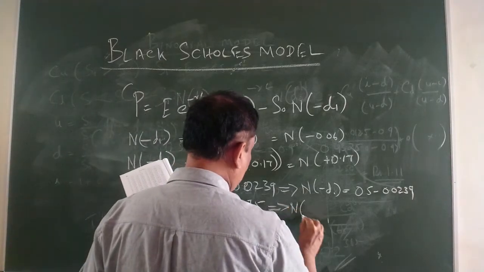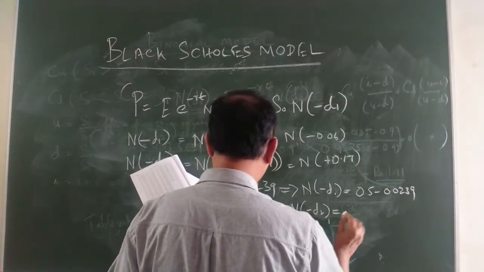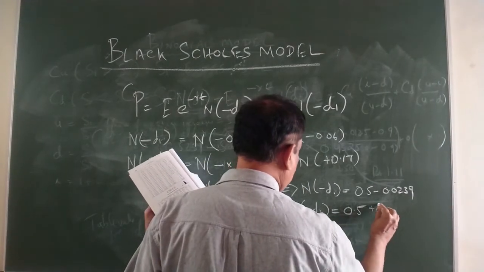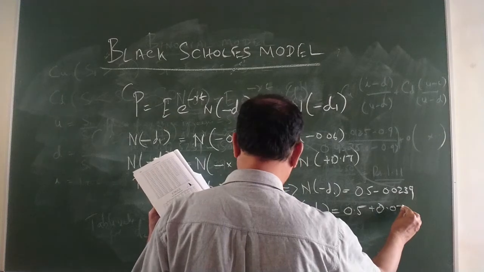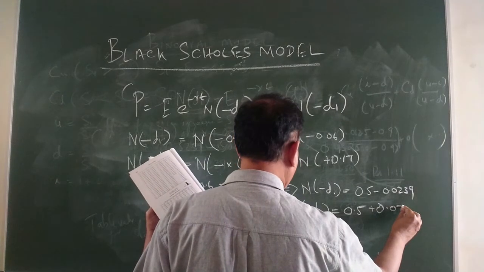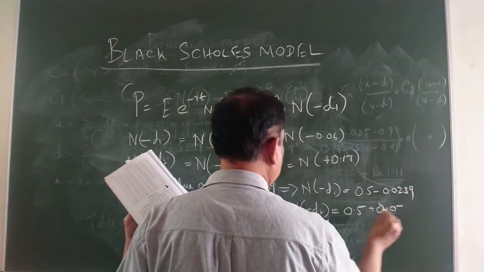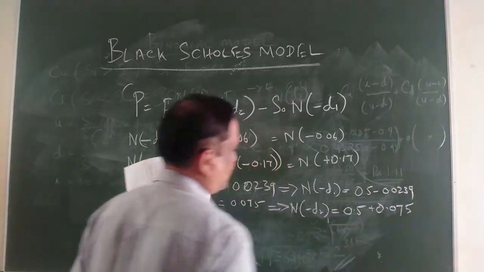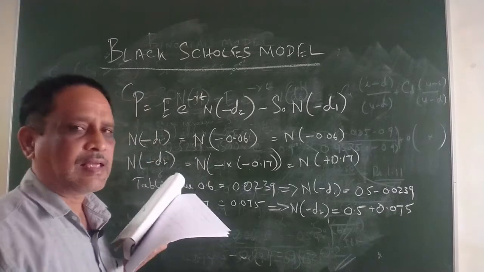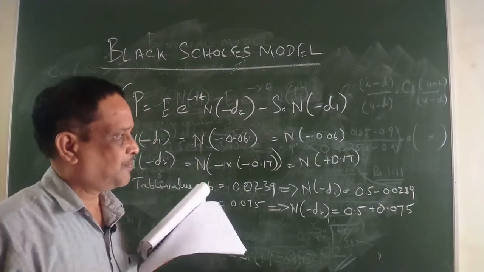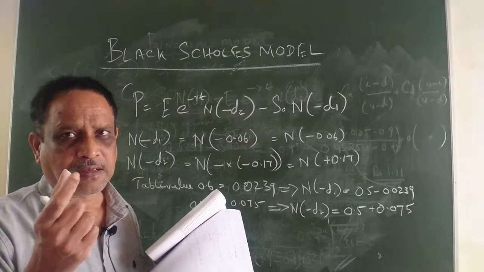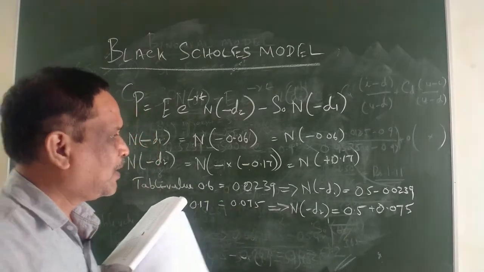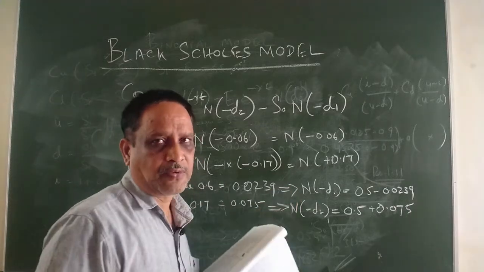N of minus D2 will be 0.5 plus 0.0675. When there is a minus symbol, we deduct that value from 0.5; when there is a plus symbol, you add it to 0.5.